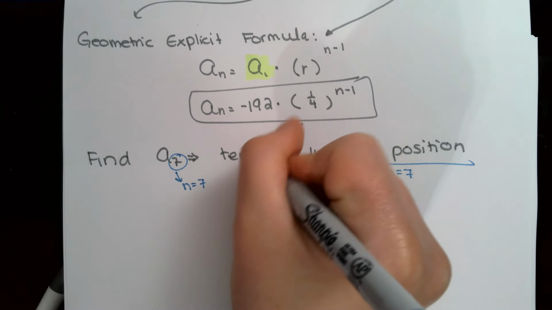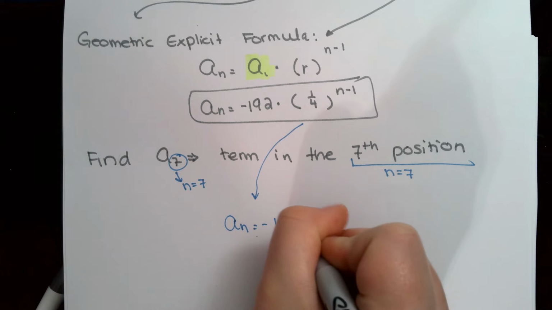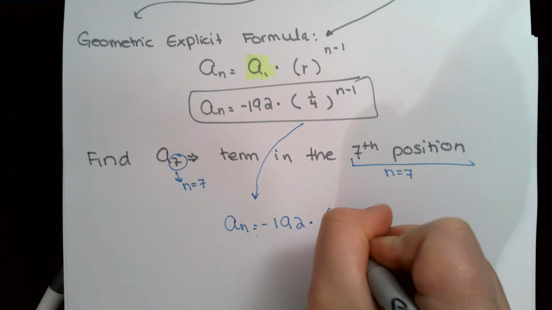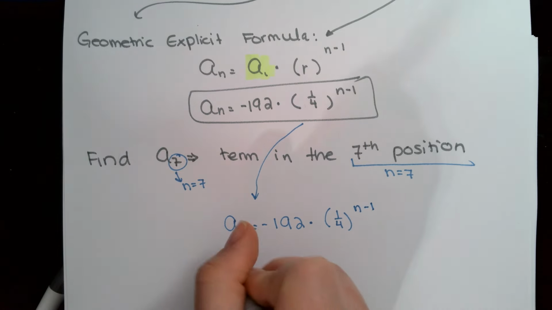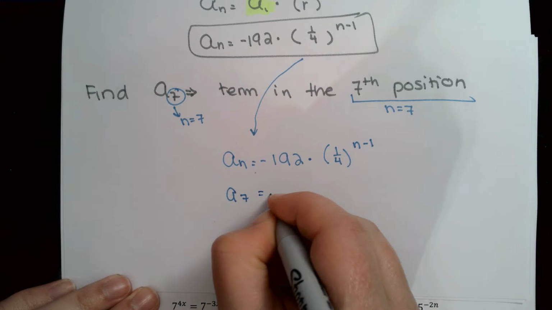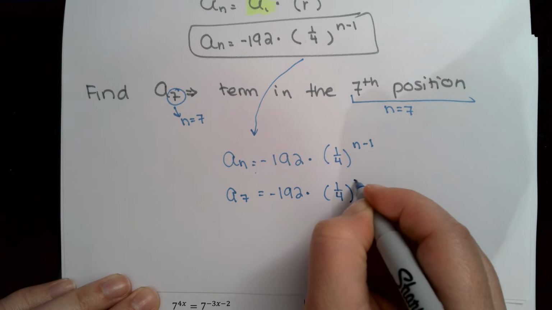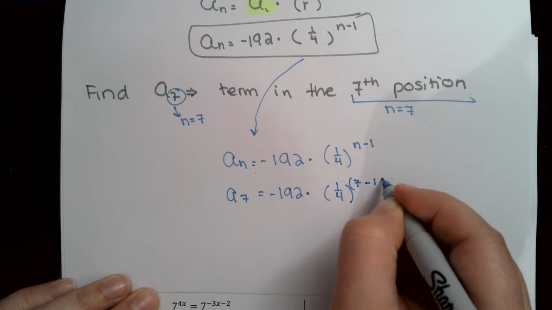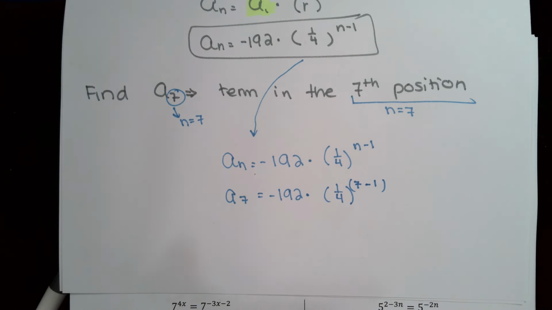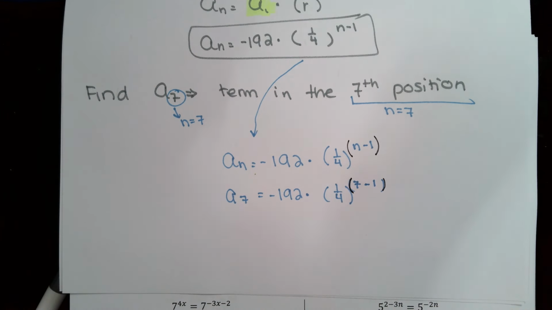So a sub 7 is equal to negative 192 times open 1/4, n is 7 minus 1. Now, when you're typing this into the calculator, you must have parentheses around your exponent of 7 minus 1, or you have to do it in your brain and just use the exponent of 6.